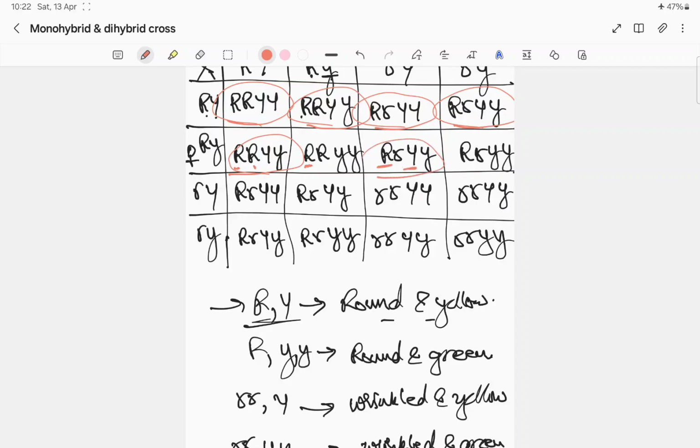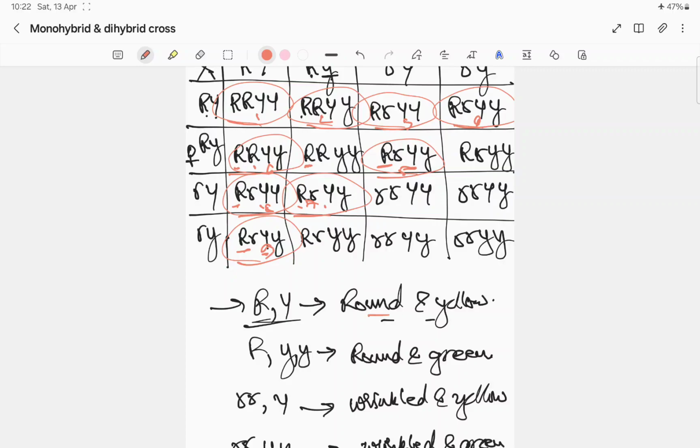Capital R capital Y is present in this, so we can circle this. Here it's not present. In this we can see capital R capital Y, we can circle. These are small ones. Again you can see here. See the orange. Now let's count the number of orange boxes: 1, 2, 3, 4, 5, 6, 7, 8 and 9.